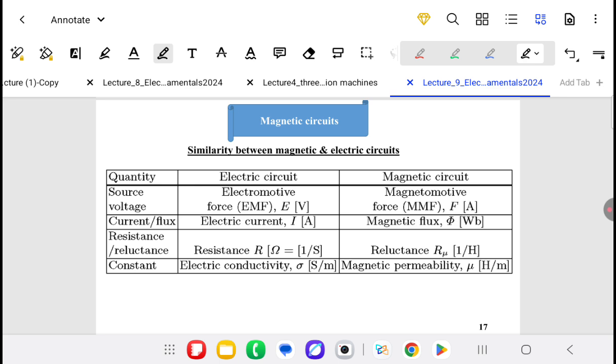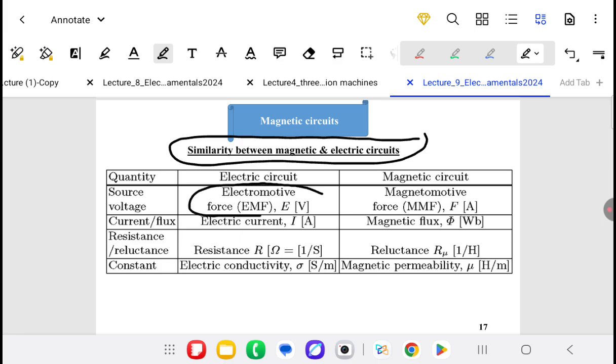Now we will see the similarity between magnetic and electric circuits. For the electric circuits, we have electromotive force, which is the driving force for the current. The analogy to this electromotive force is the magnetomotive force, which is the force that produces the flux lines.